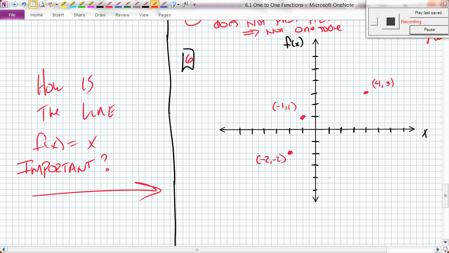All right, and then take your points and sort of hook them together like that. All right, would you say that that graph represents a function, yes or no? Okay, why does it represent a function? Passes the vertical line test.